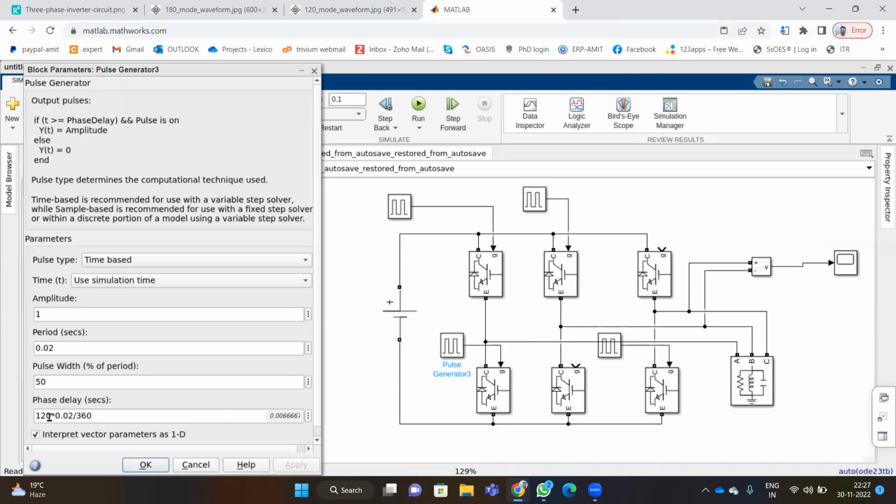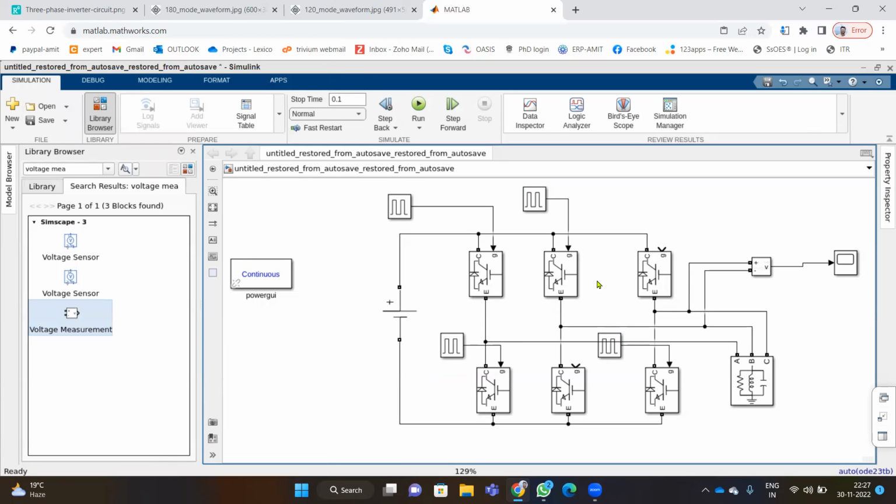After 120, we need to move to the next 60 degrees. So this will be till 180 degrees. Then to the S5.